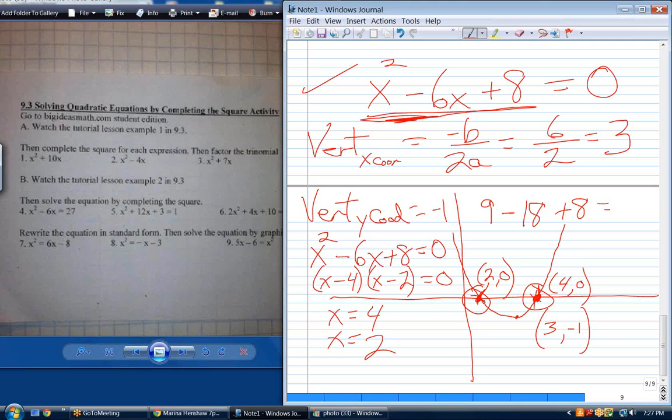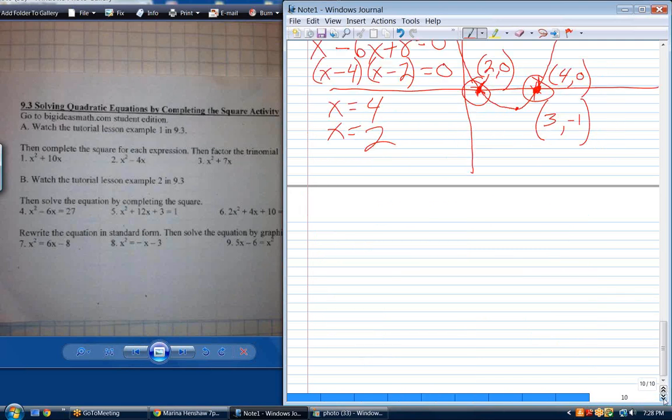Maybe they want you to find the vertex like we did, which is all well and good. I have no problem with graphing the equation, but we can't accurately graph it until we've factored it. We have no way of knowing what those x values were before algebraically solving it.